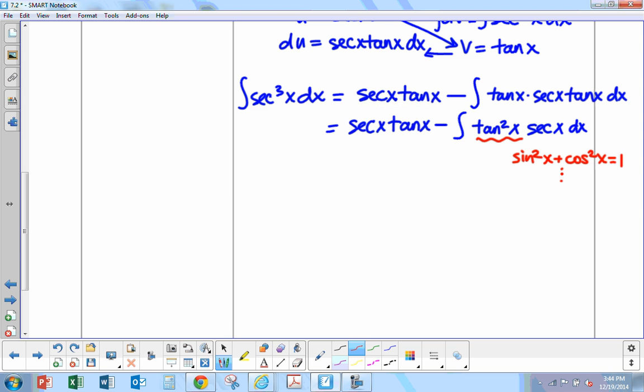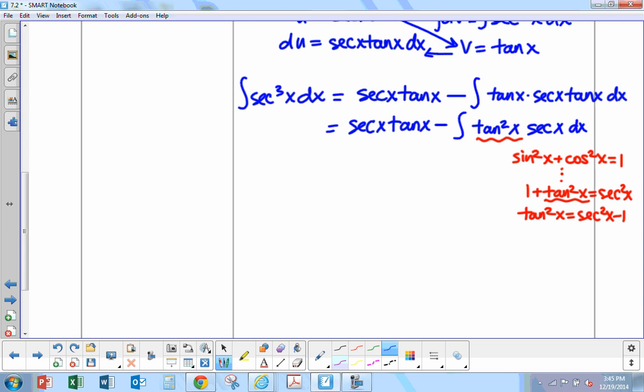We end up with 1 plus tangent squared of x is equal to secant squared of x. So if I solve for tangent squared, tangent squared of x is really secant squared of x minus 1. And the reason that that's nice is just because then at least my trig integral all involves the same trig function.